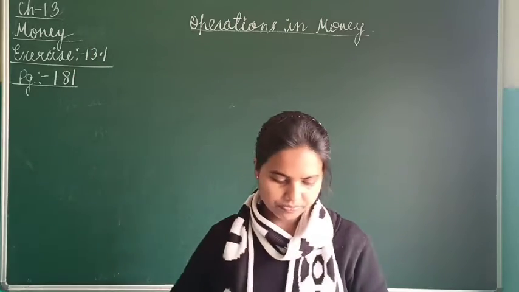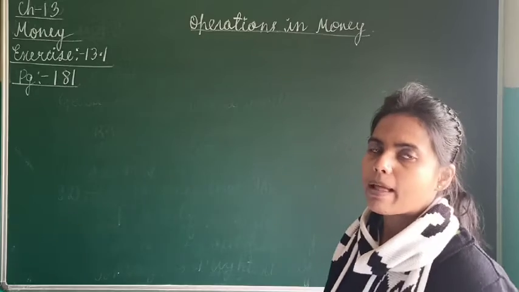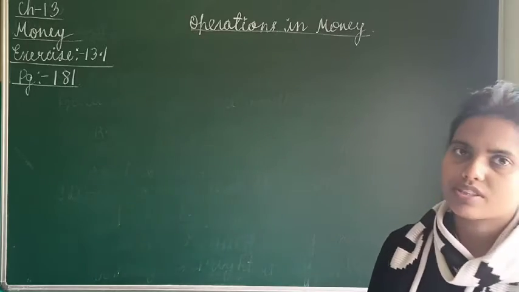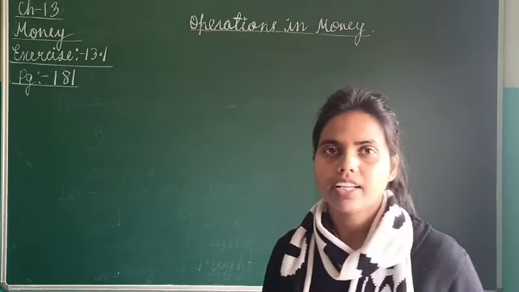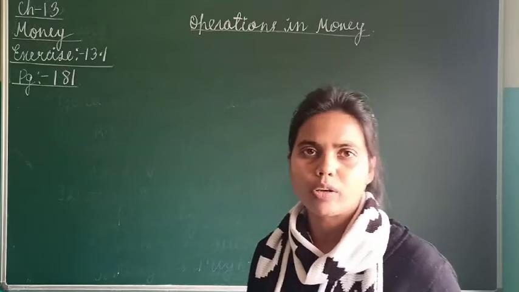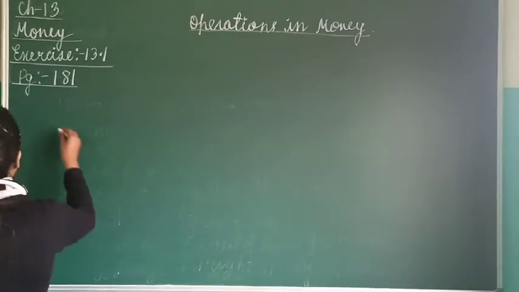Now see, solve the following, where I'll be teaching you only two questions, one of add and one of subtract, because it is the easiest thing you can do by your own. Question number 1.